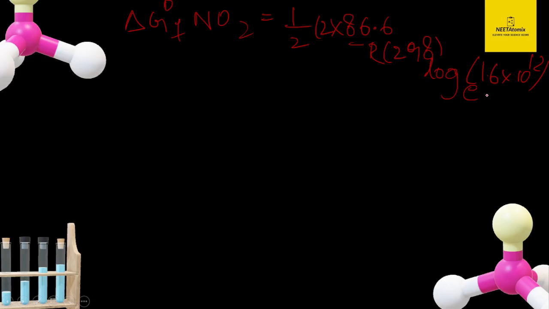This is your answer. It will be given as 0.5 into 8660, because this one is in the kilojoules. Kilojoule, you have to convert into joule, so you multiply with 1000.